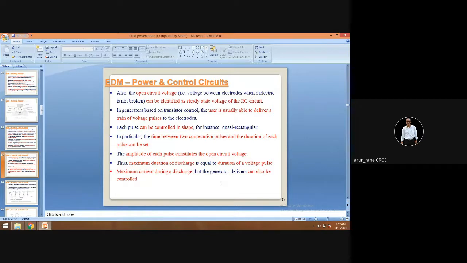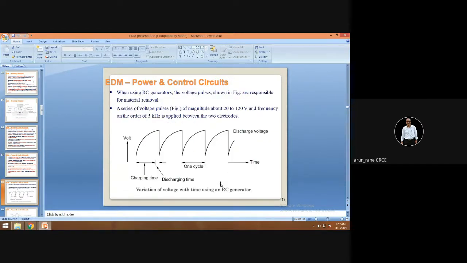There are some terms like open circuit voltage, closed circuit voltage, pulse on time, pulse off time. So that is what we'll see. This is your charging time, this is discharging time, and this is called one cycle from here to here. Discharge voltage and open circuit voltage will not be asked.